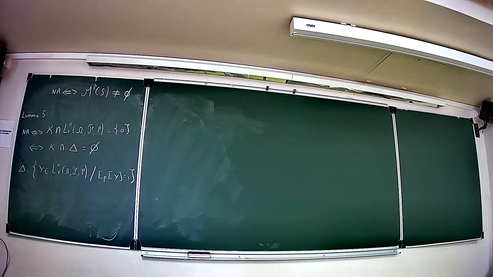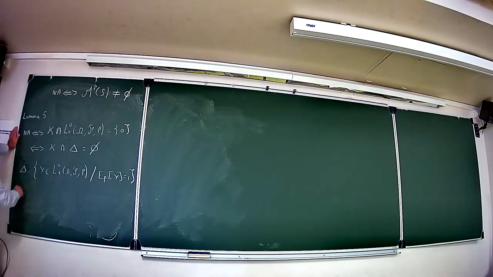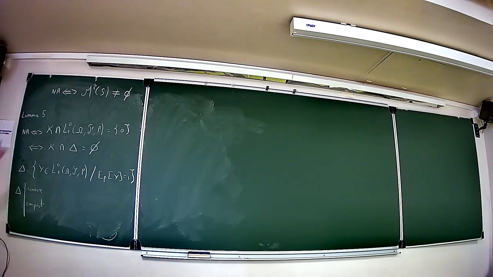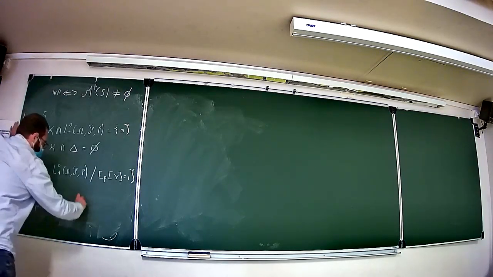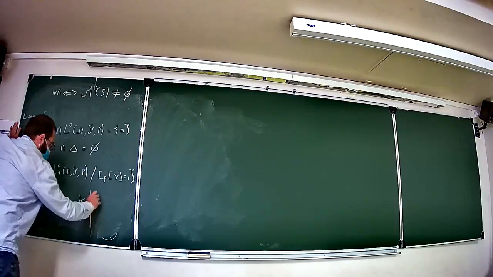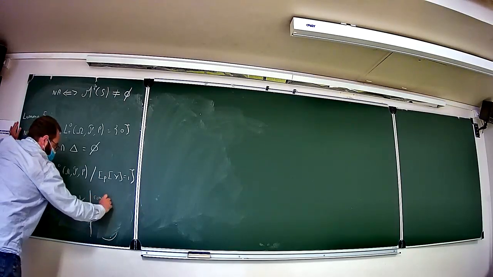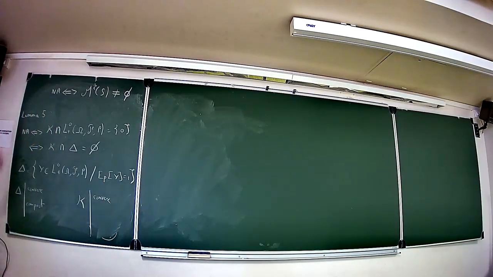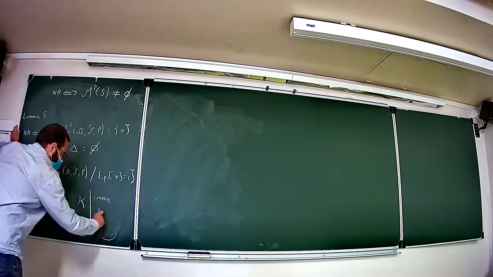And what we have seen together is that delta is convex and compact, and we have proved previously that calligraphic A was convex because it is a vector space, and also closed in finite dimension.